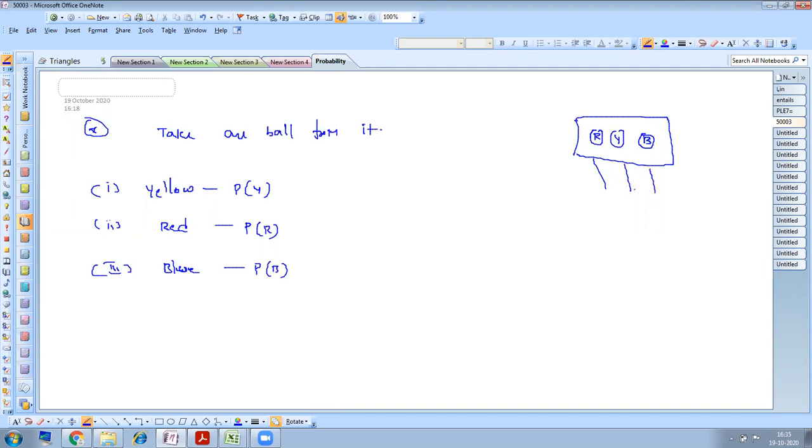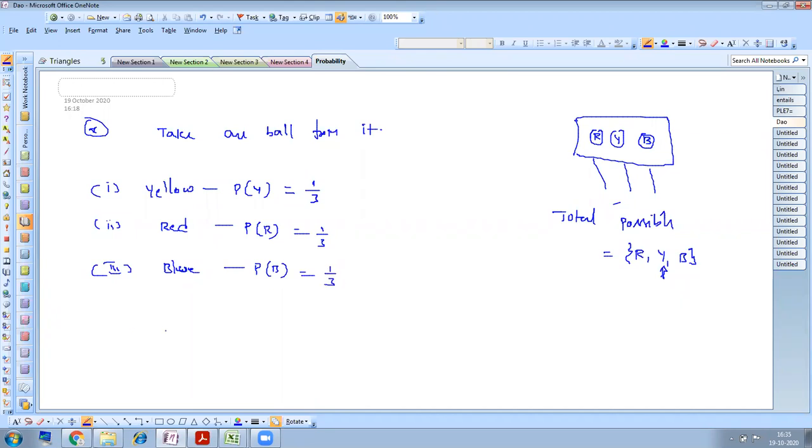There are 3 possible events, correct? If I take one ball, I may get red, yellow, or blue, but I have only one chance to pick the ball. So for the probability of getting yellow, there are only 3 balls, and out of 3 there is only one yellow ball. So 1 by 3. Here also 1 by 3, here also 1 by 3.